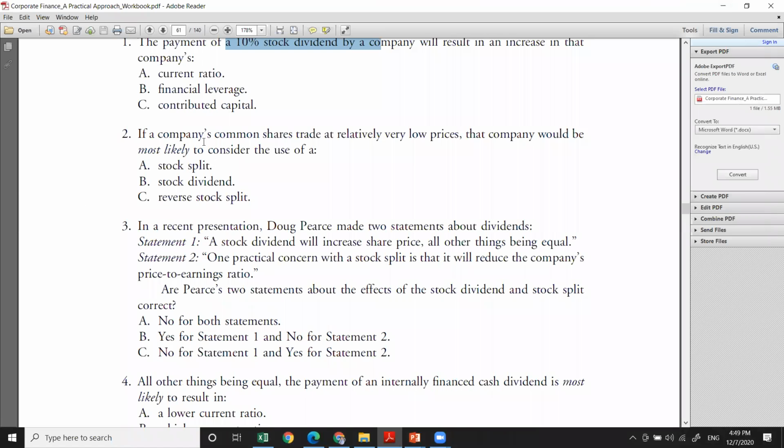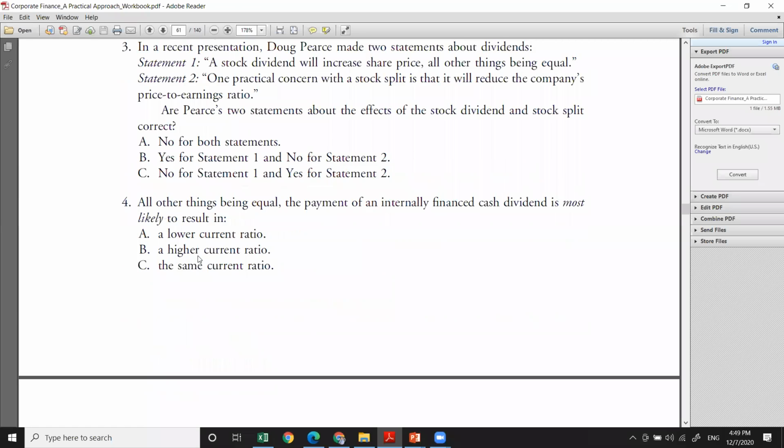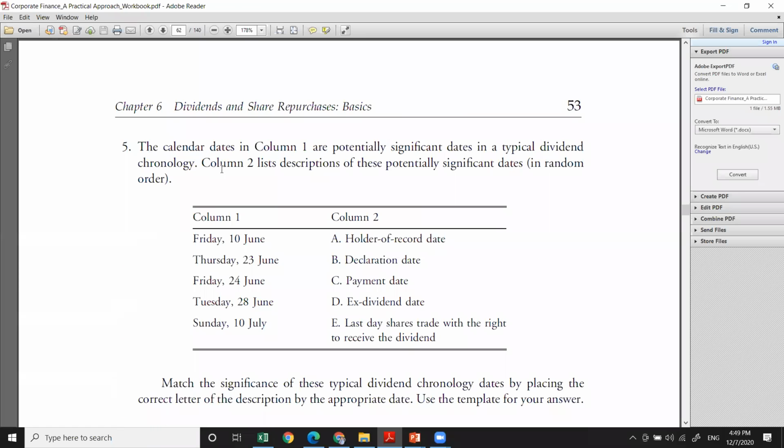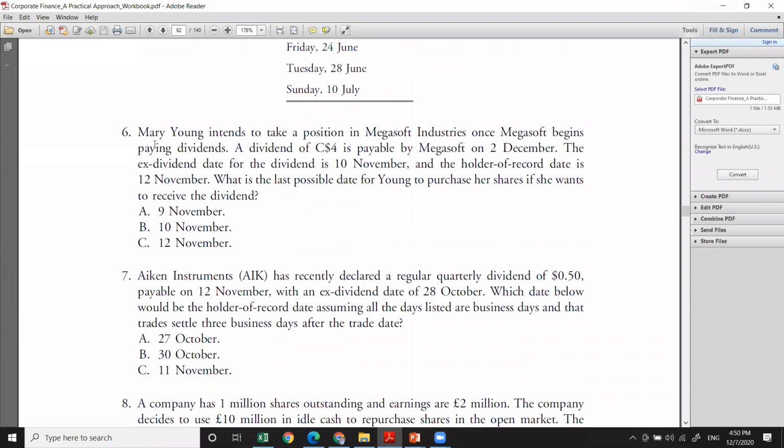This type of question is asked here, question 4, and this is question 5. It's the chronology of the payout policy, how it works. You have to match the right answer, like what comes first. Question 6 same, question 7 same.